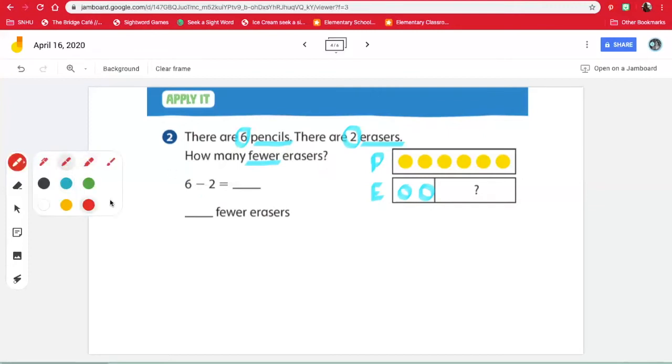Well, what we can do is match up. And how many do we have left over? So 1, 2, 3, 4, we have 4 left over, which means 6 take away 2 is 4. So there are 4 fewer erasers.